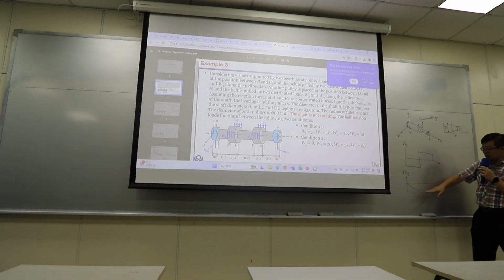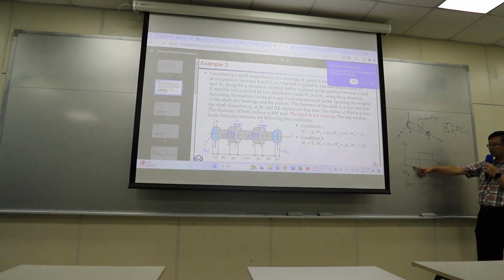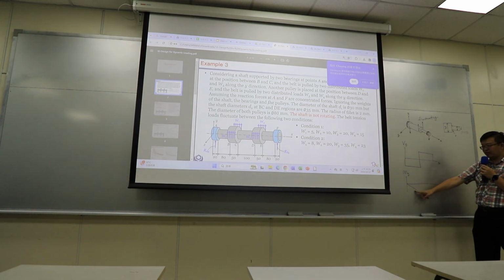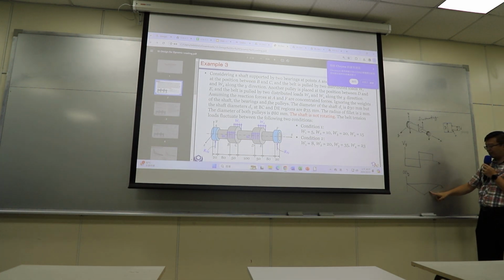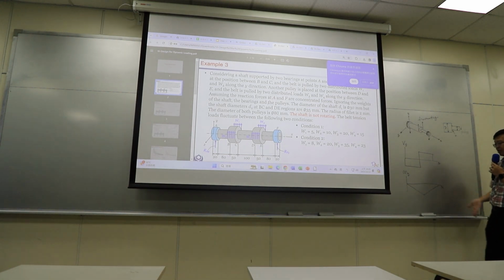And if you take an integral, because right here you have negative value, so you will have negative slope for the bending moment. And this part you have positive value, so you have a positive slope for the moment. So definitely you will have a moment diagram that looks like this.